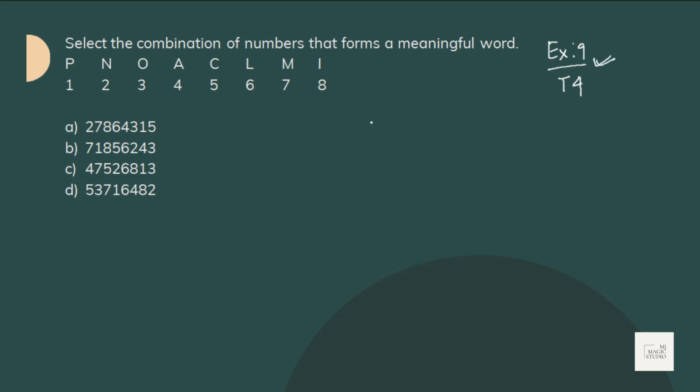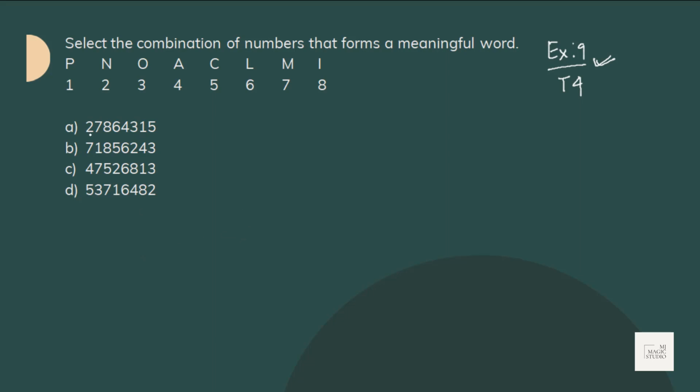Select the combination of numbers that forms a meaningful word. So a few letters are given which are numbered from 1 to 8. We need to click on the option which gives us a meaningful word. Here is a small piece of advice, if you want to take it, please take it. Always try to place the letters according to the numbers provided in the options, rather than doing it on the basis of your vocabulary knowledge.